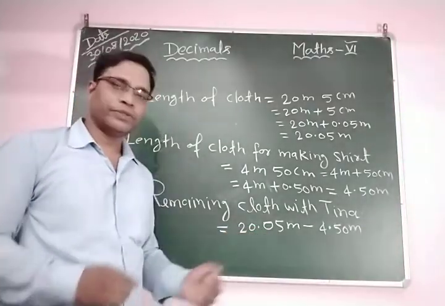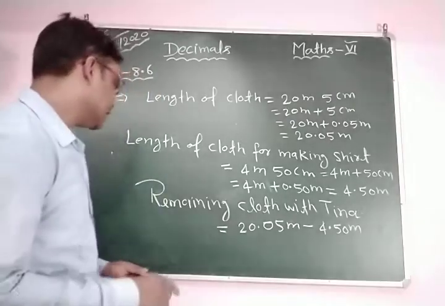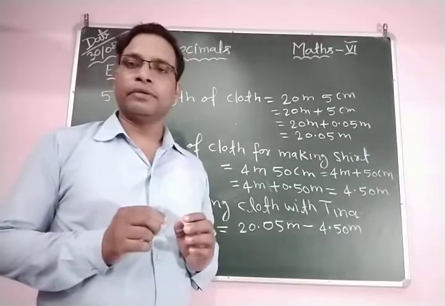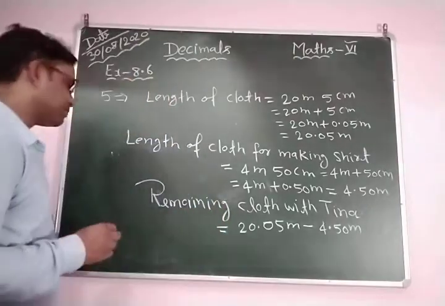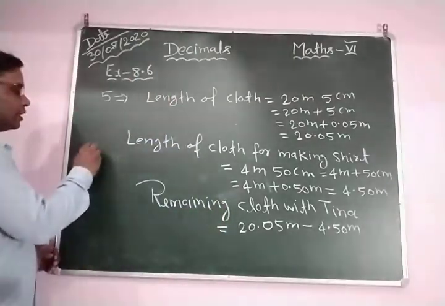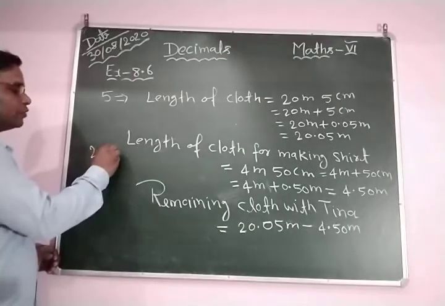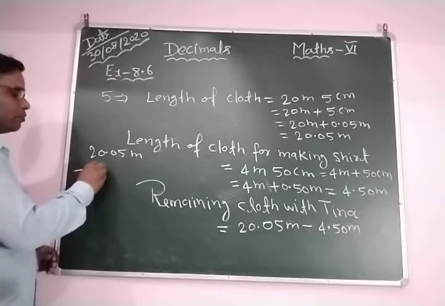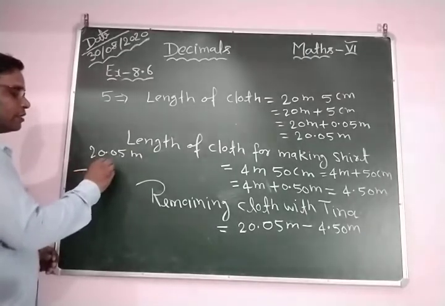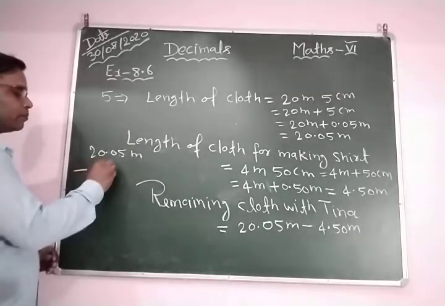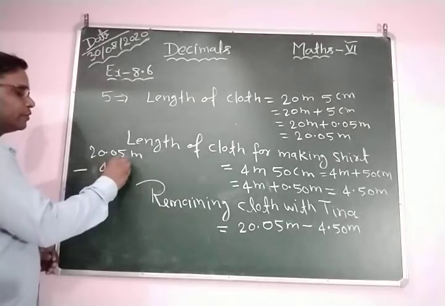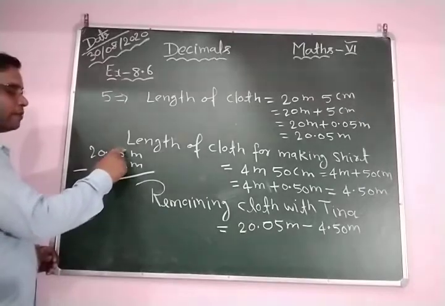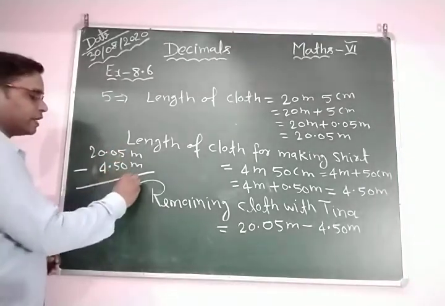So how do we subtract decimals? We use the column method. In this method you can subtract two decimals in an easy way. 20.05 meters minus 4.50 meters. 5 minus 0 is equal to 5.